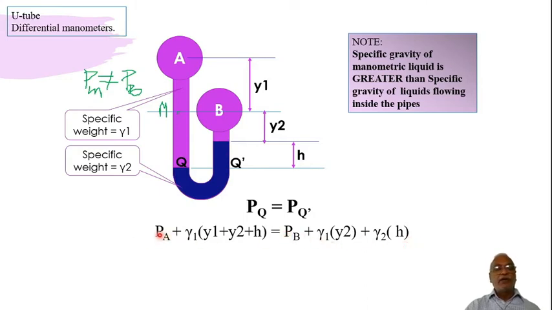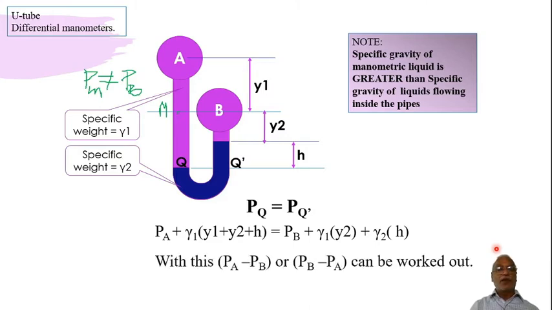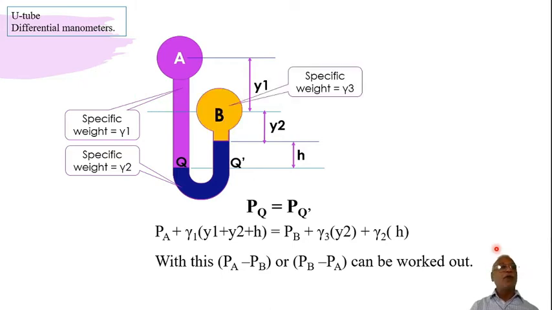We can now calculate PA minus PB or PB minus PA, knowing all other quantities. So this is how to analyze or write the equation for a differential manometer. With this, PA minus PB or PB minus PA can be worked out knowing the other data or values.